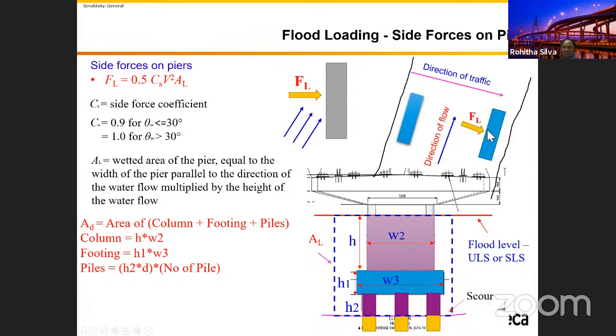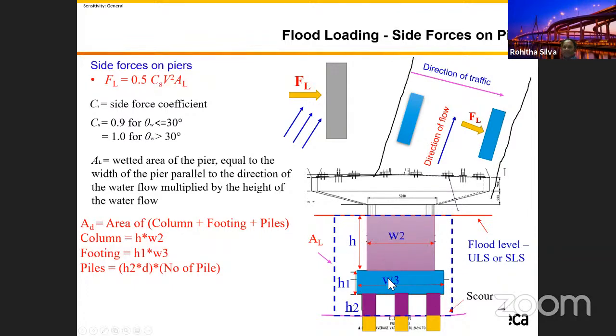That is the direction of the traffic here. But you need to remember the exposed area of the bridge is quite significantly large compared to the drag force area. That's why I have this elevation.